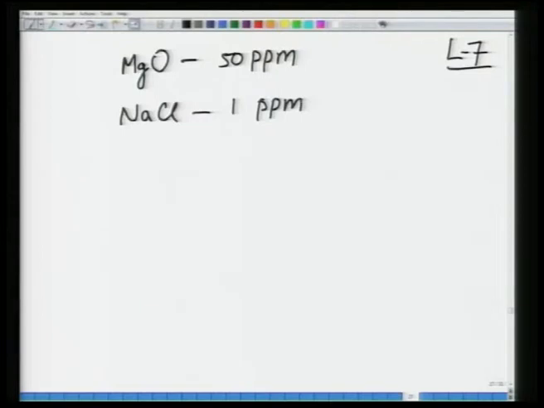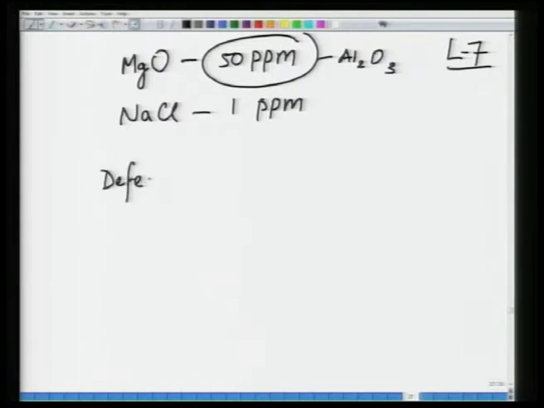Now, when you have 50 ppm impurities, these impurities could be, for example, Al2O3. As a result, the defects created in MgO are due to Al2O3, because there are two kinds of defects. Defects could be intrinsic.